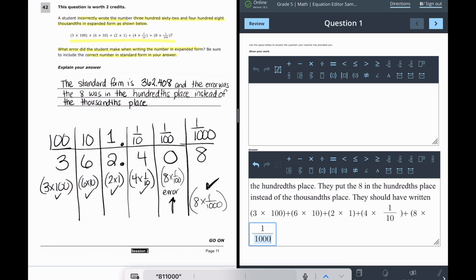And isn't that crazy how just not forgetting that one little zero changed our whole final answer? So that changed everything. So we just want to be pretty careful about that.